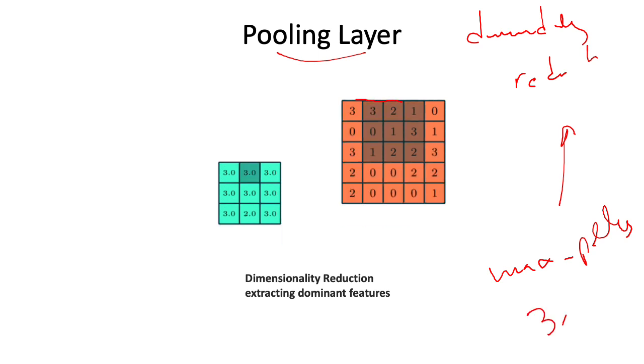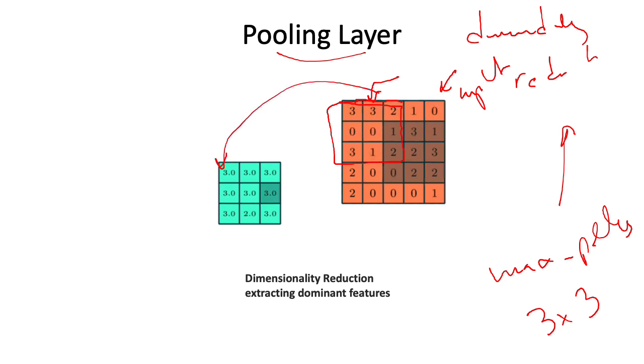In this example, it's a 3x3. When I look at the brown area in the input, I pick the maximum pixel value. In the very first 3x3 area, the maximum pixel value is 3, so I pick 3 and put it on the output side.